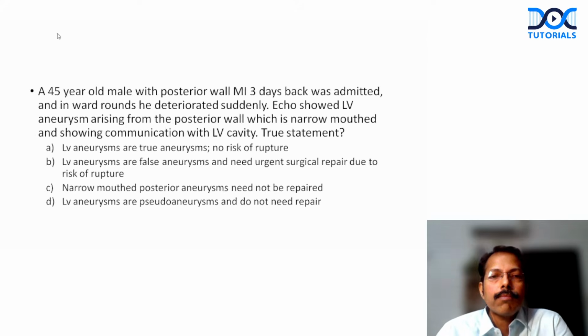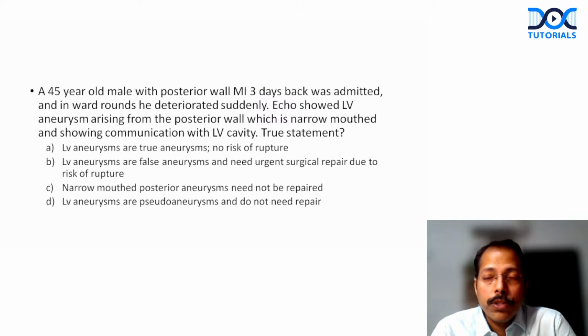Okay. So next question. A 45-year-old male with posterior wall MI 3 days back was admitted, and during ward rounds, he deteriorated suddenly. Echo showed LV aneurysm arising from the posterior wall, which is narrow-mouthed and showing communication with the LV cavity. Okay, so what is a true statement?